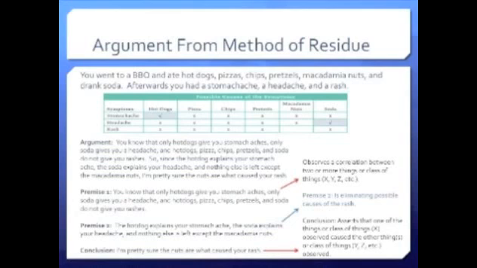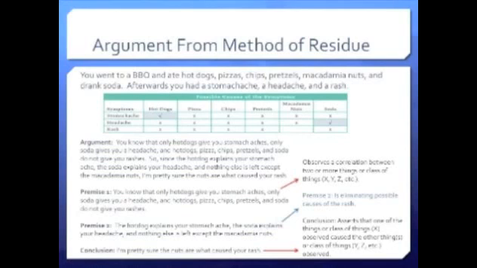Note how in this case as well, the reasons being used indicate the type of method being used. With the first three causal arguments that were based on the first three methods introduced, we needed to concern ourselves with how the data and method being used related to the kind of conclusion being drawn. However, the method of residue does not give any indication that the cause identified by the method will be a necessary condition, a sufficient condition, or a necessary and sufficient condition.